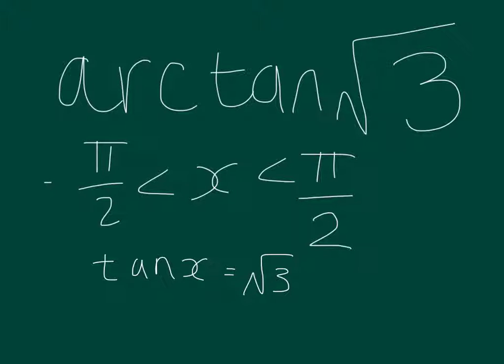So you get pi over 3, or we'll show you on the cast diagram, pi over 3 in there, and minus pi over 2 there. Because it's in the interval minus pi over 2 to pi over 2, only the first value is valid. So we get arctan root 3 is pi over 3.